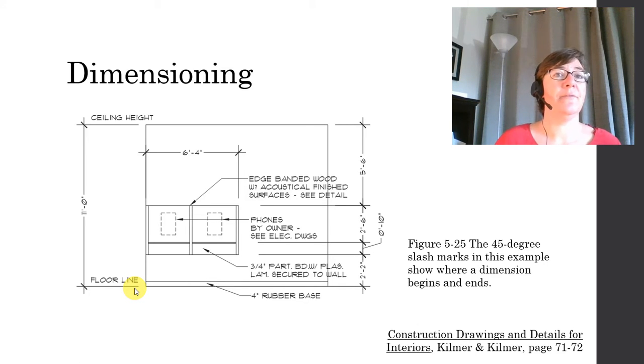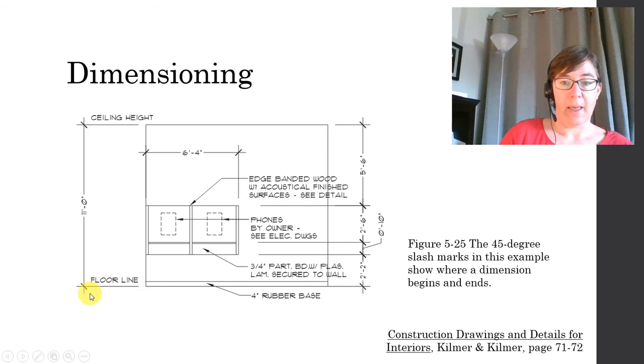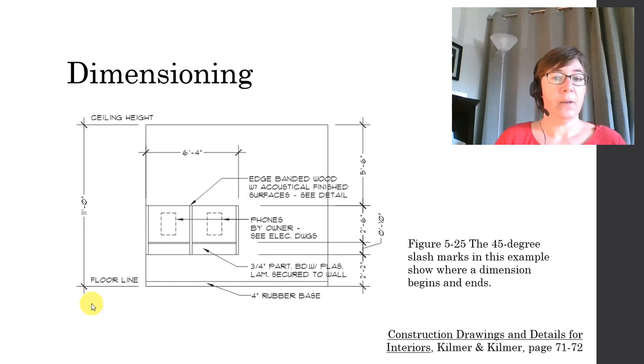This is to avoid confusion as to where exactly the object starts and finishes. The dimension line has these slash marks or ticks. You might hear them called architectural ticks to show where the dimension starts and ends. So it's got a tick here and a tick there.